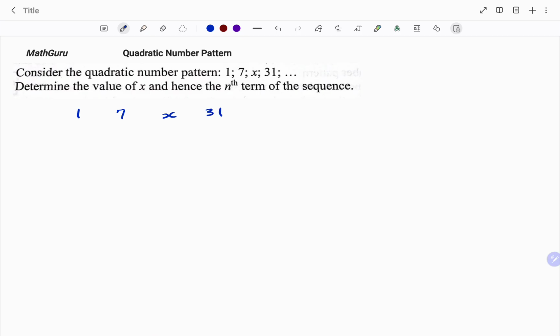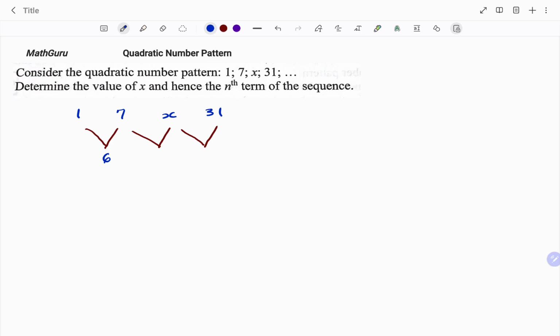As stated earlier, the second difference of a quadratic number pattern is constant. So I'm going to start by finding the first difference. To find the difference between consecutive terms, we have the term in front minus the term behind. So the first one, 7 minus 1, gives us 6.